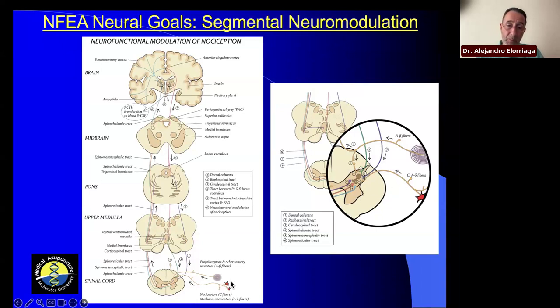But also, when these signals proceed upstream via the spinoreticular tract, spinomesencephalic tract, and spinothalamic tract, each of these tracts also sends collaterals to different levels, to the medulla oblongata, to the pons, to the midbrain, and those signals generate descending signals that go back to the same level where the nociception entered.